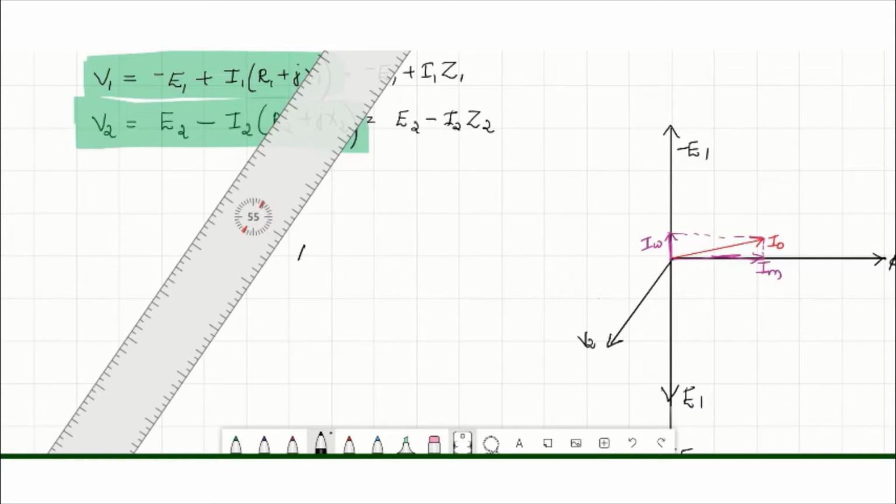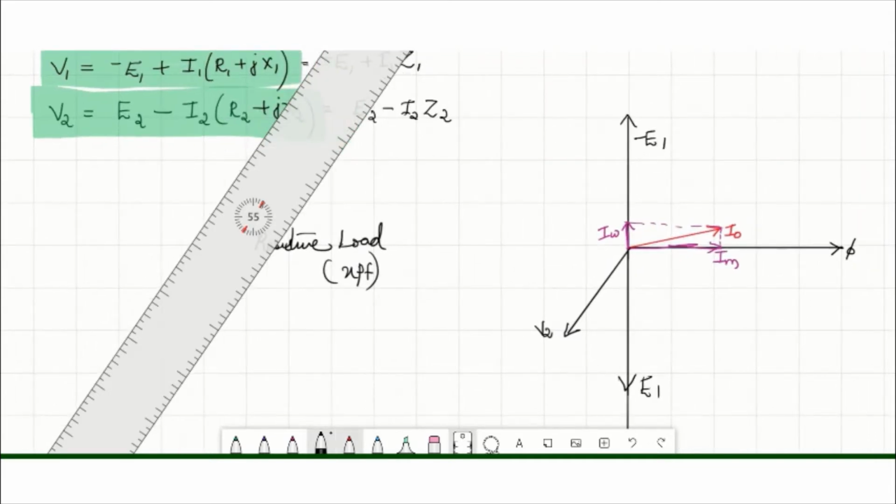Here we are considering resistive load or UPF load. The load is a pure resistor, or power factor is unity power factor. So V2 and I2 will be in phase. Voltage across the load and current through the load will be in phase because it is a purely resistive load. So I2 will be in phase with V2.